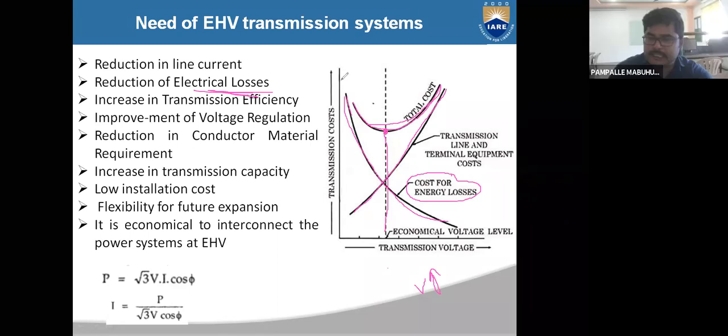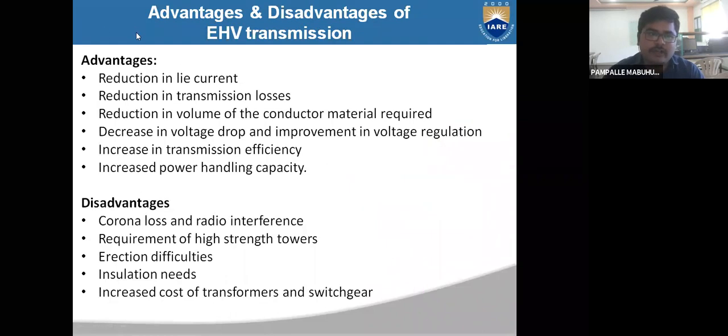As the transmission voltage goes on increasing, the total cost of the system also will increase beyond a particular voltage. So this is the need for the EHV transmission system. And if you observe the advantages and disadvantages of the EHV transmission system, right? What advantages?